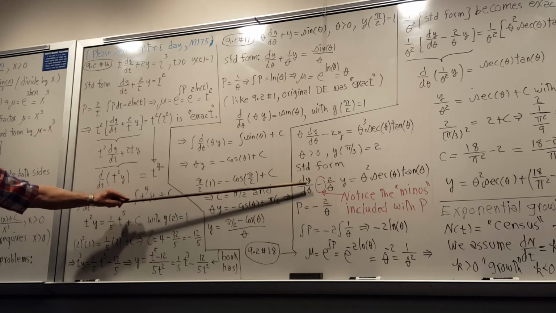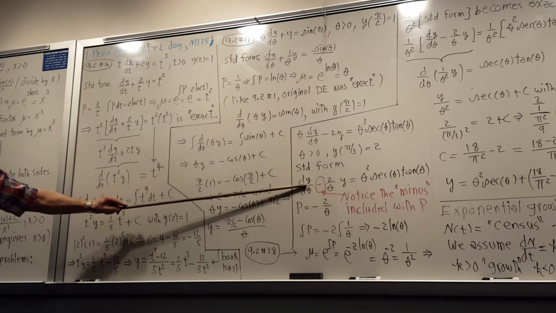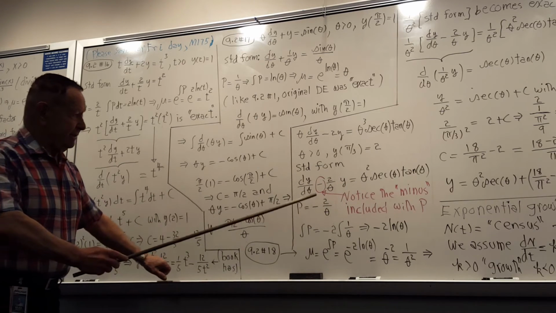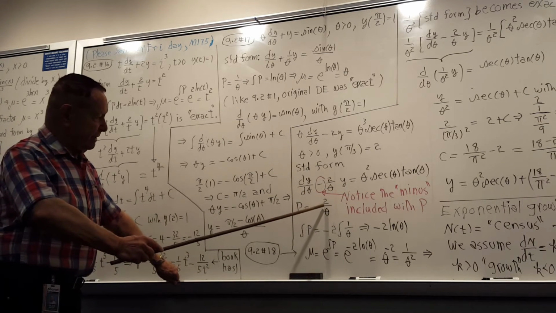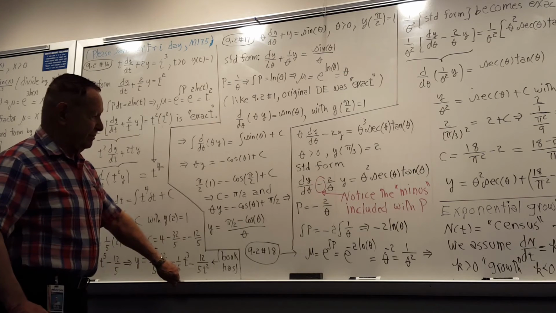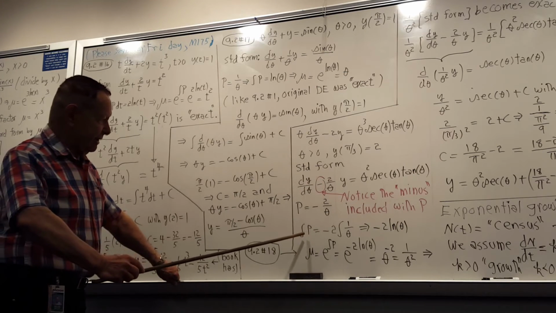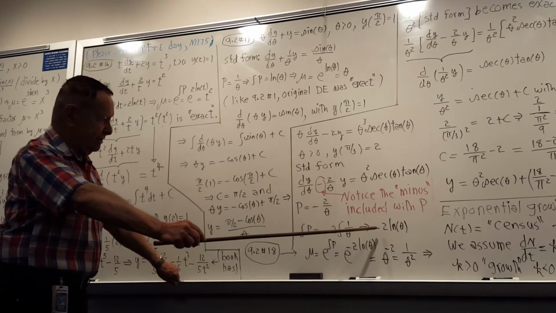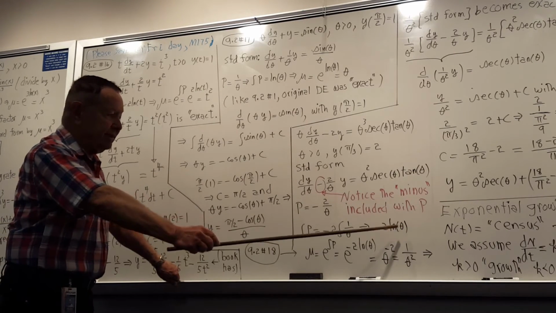So divide by theta. This is our standard form. And then the P, as I've been saying, has the minus. So the integral is minus 2 times the integral of 1 over theta, so minus 2 log theta.